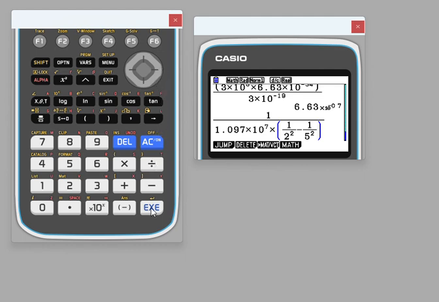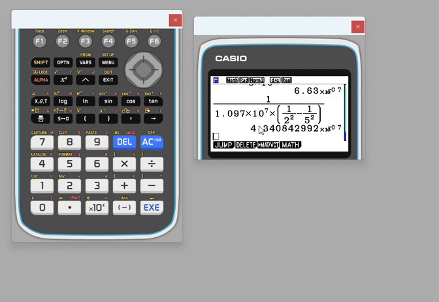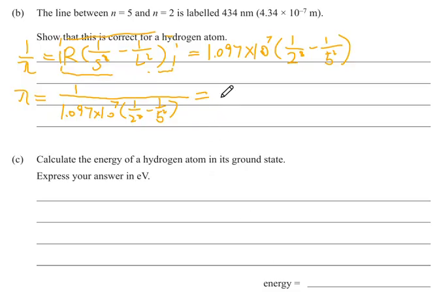We want to convert it into decimal. It's going to be 4.34 times 10 to the power of negative 7, exactly what is written here. So problem solved, right? Meters.